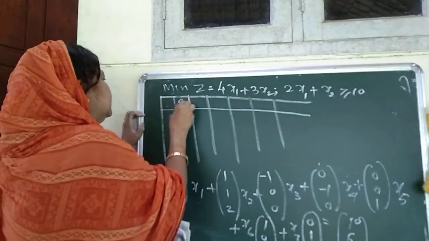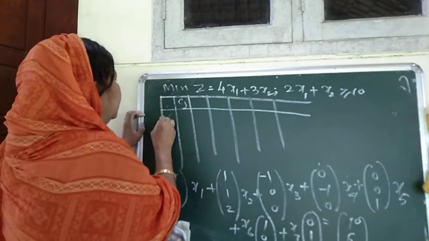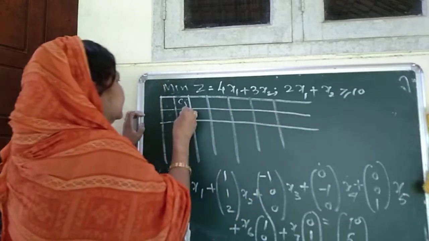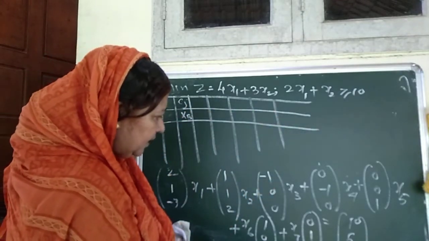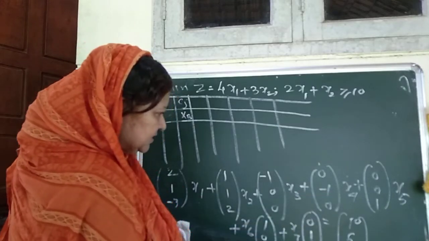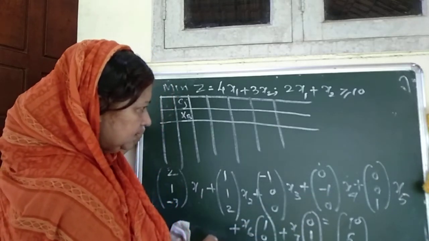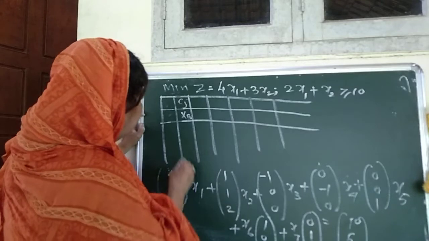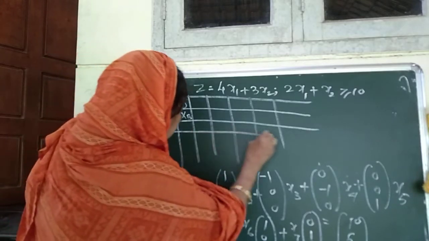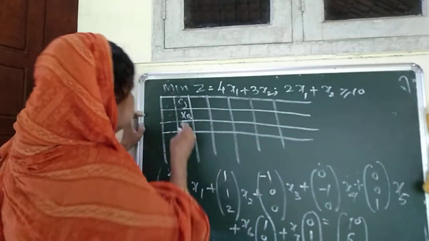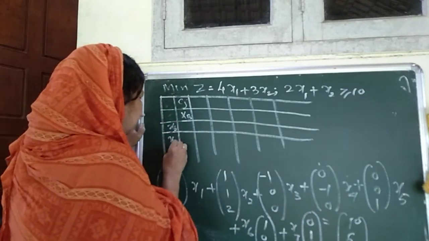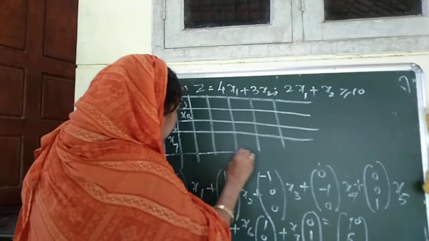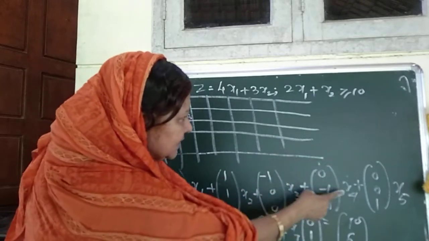So here Cj, then here xb. We see that for xb, we have three vectors: x6 is the first vector, x7 and the last is x4.